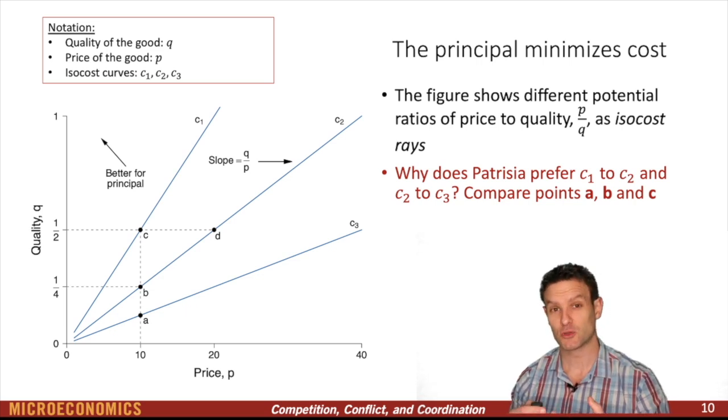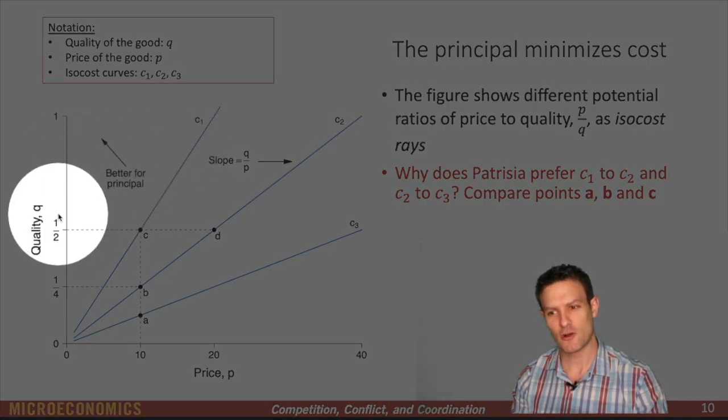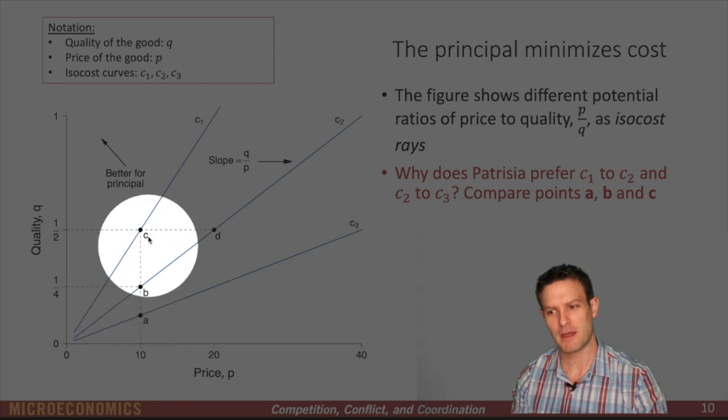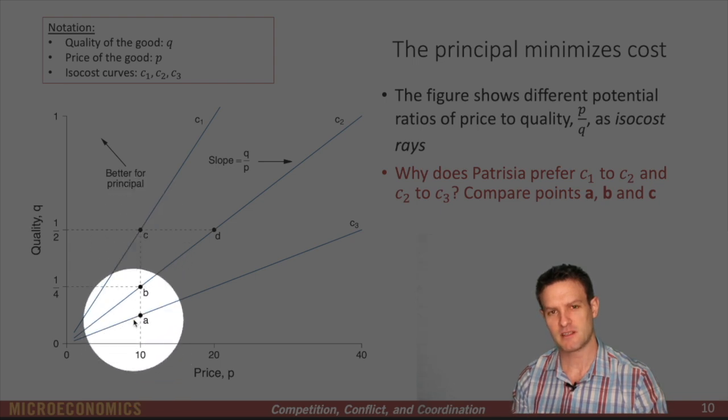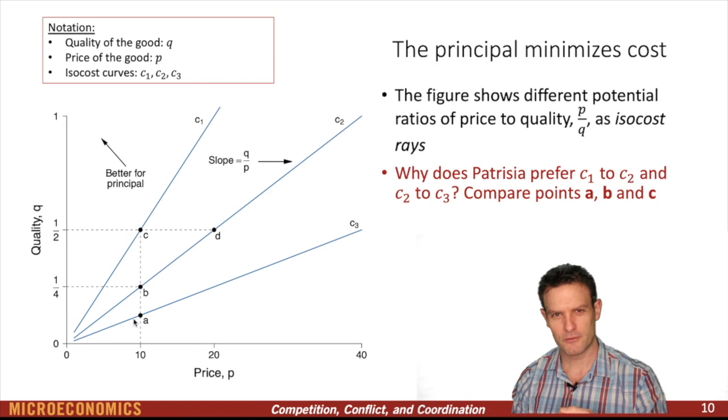We've got these isocost curves with ratios of price to quality, where the slope is Q over P. And then when we think about that, we've got Q over P, and we are trying to compare points A, B, and C. So for yourself, think about that for a moment. Why does Patricia, the principal, prefer C1 to C2 and C2 to C3? Look at points A, B, and C and see if you can answer that question.